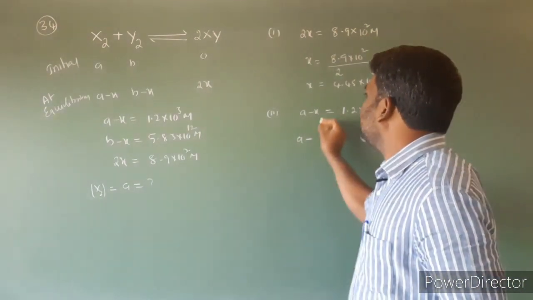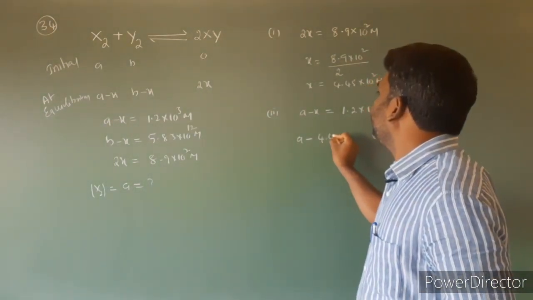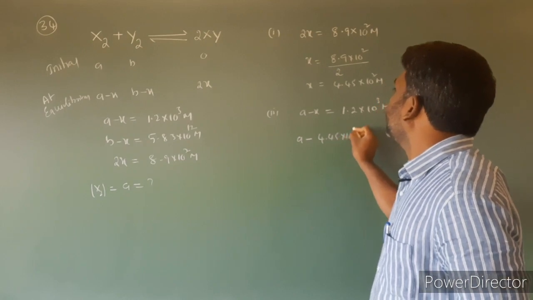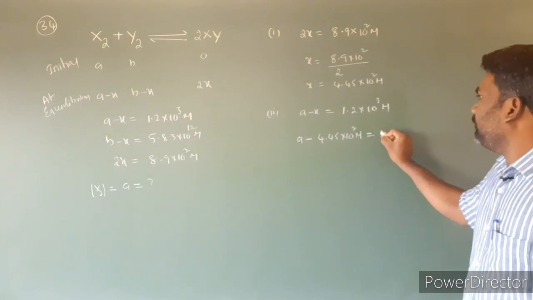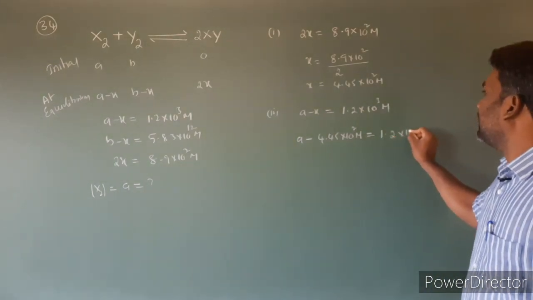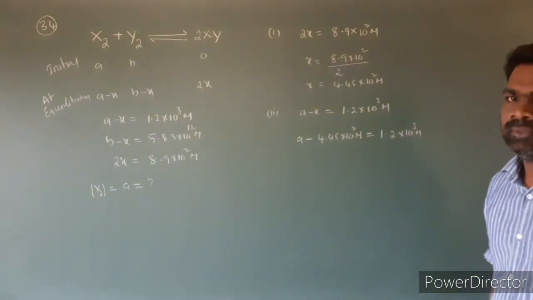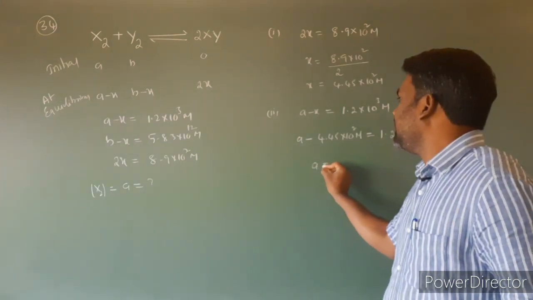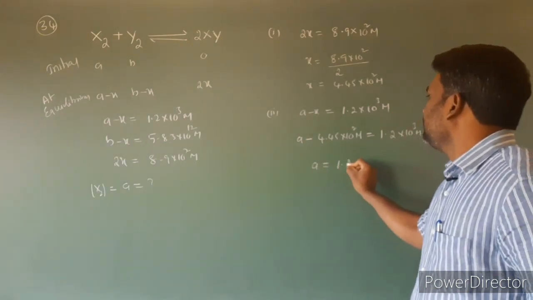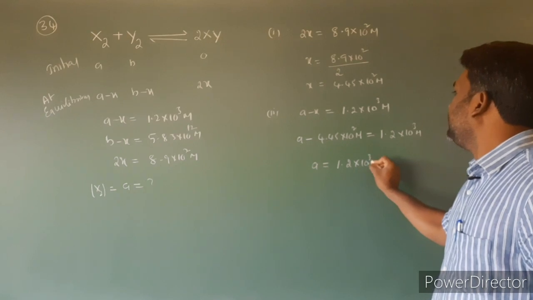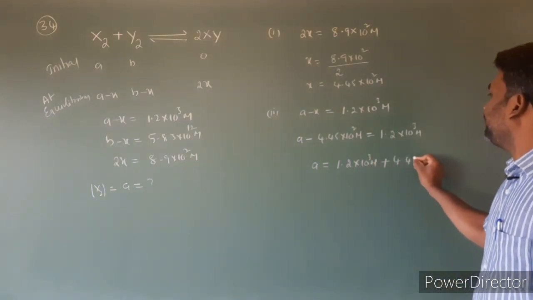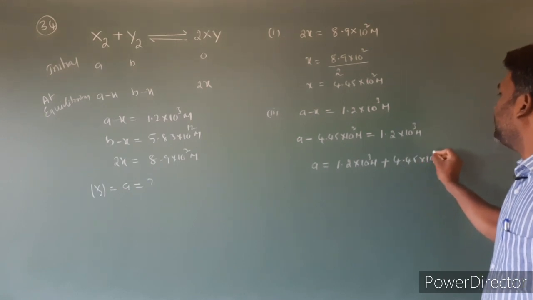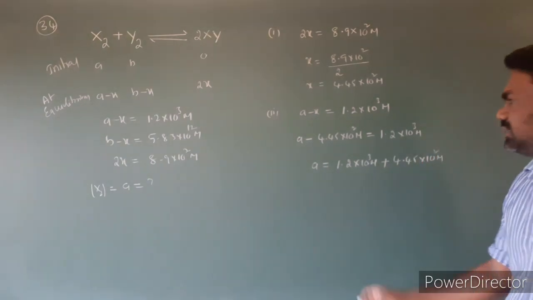So a minus x is equal to 1.2 into 10 power 3 m. So we have to find out the a value. Then a is equal to 1.2 into 10 power 3 m plus 4.45 into 10 power 2 m, isn't it?